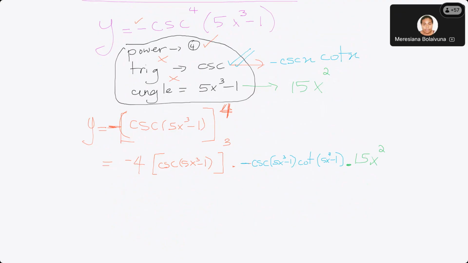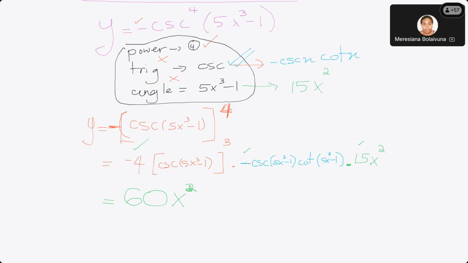Right, so now let's try and simplify this. When we simplify, the negative 4 is multiplied with a negative in front of cosecant, and that's also multiplied with the 15x squared. When you multiply them all together, what do you get? 60, and then the x squared. All right, so negative 4 times negative times 15 is 60x to the power of 2.